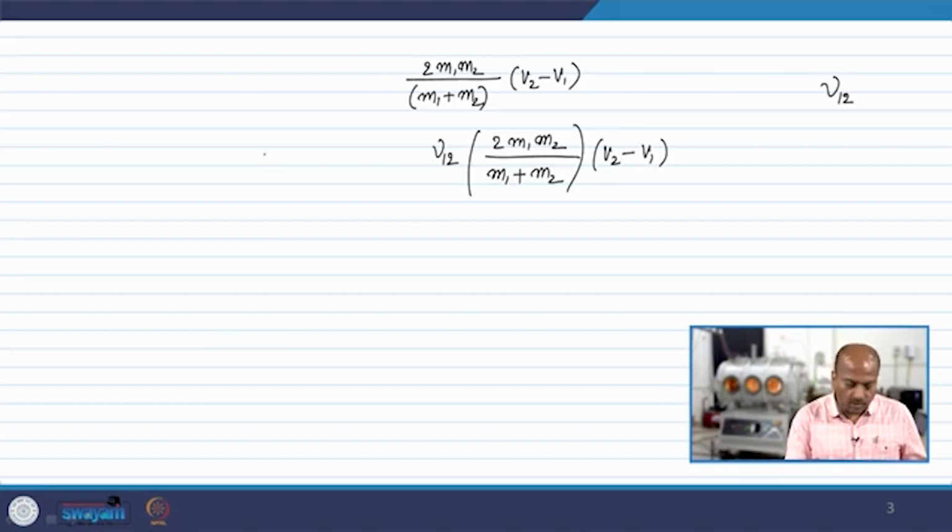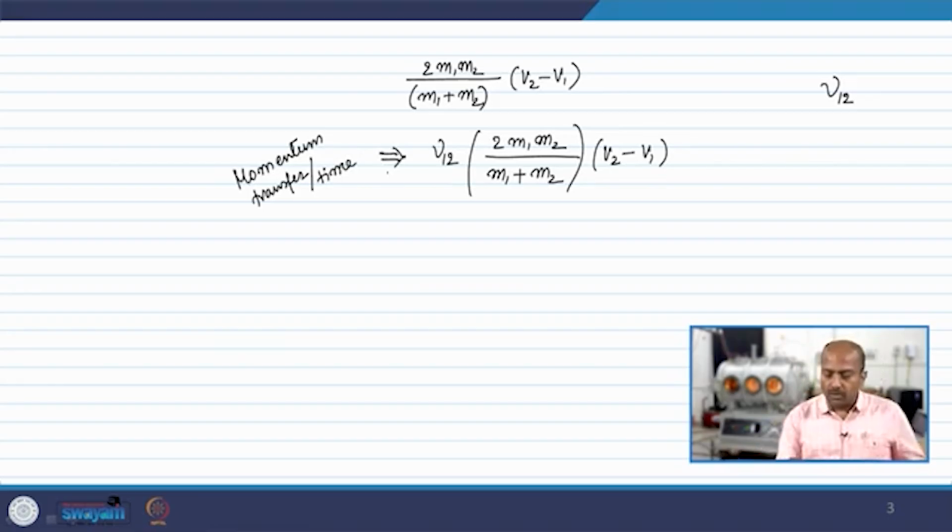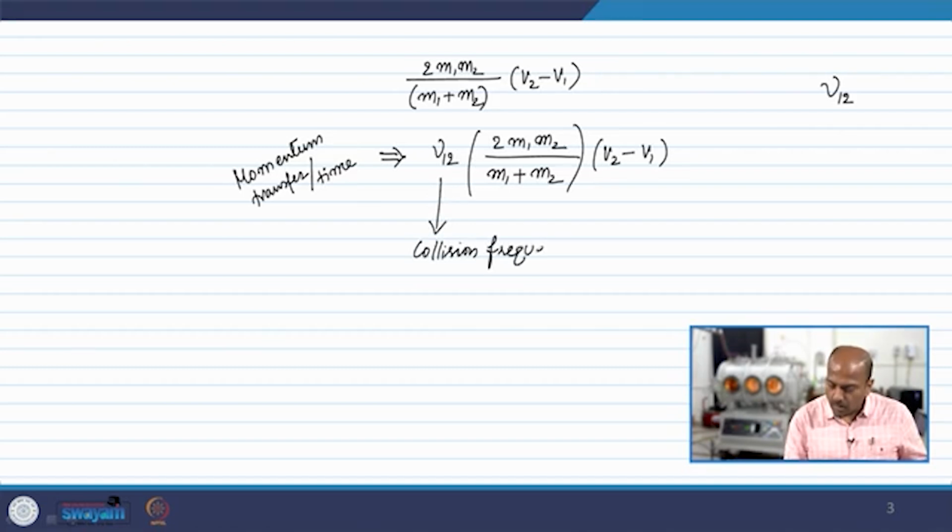This is the momentum transfer per unit time, and nu 1,2 is the collision frequency for the momentum transfer.